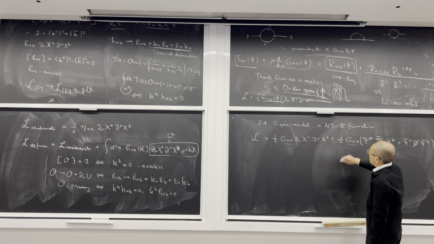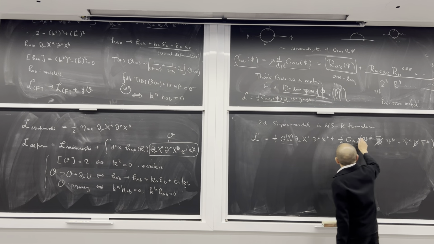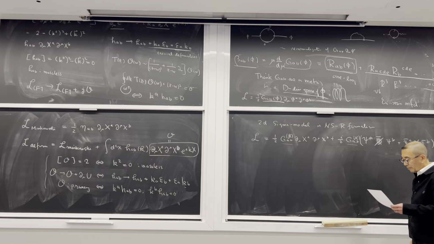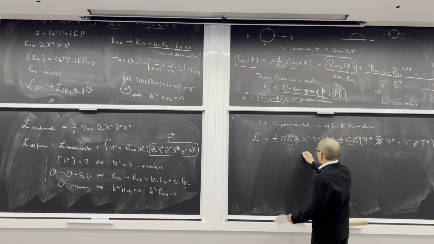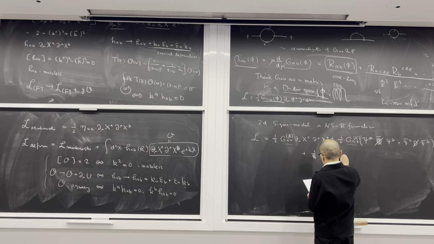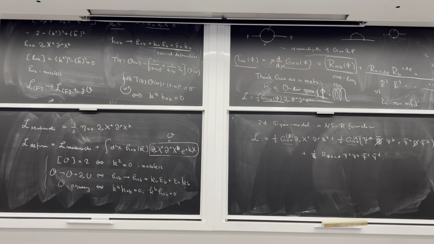This has lots of non-trivial interactions, because G can depend on X. For example, this can contain a Yukawa coupling of linear order in the fluctuation. But in fact, supersymmetry requires that you also add four fermion interactions via the Riemann curvature: R_ABCD ψ^A ψ^B ψ̄^C ψ̄^D. So for a general metric, this is a background.